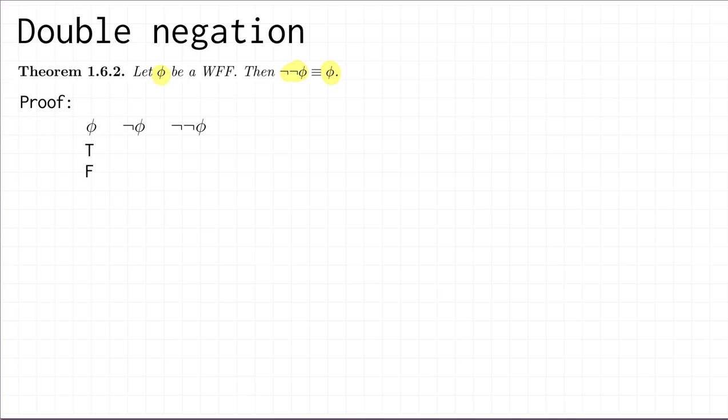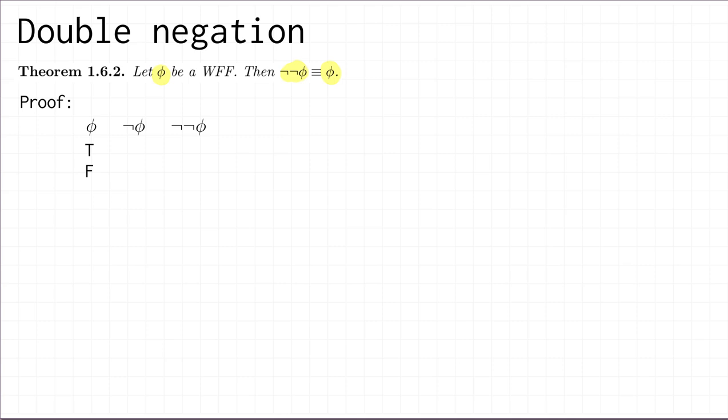So I can't do this just by drawing up a truth table for every propositional variable inside phi. Instead, what we can do is to say that under any truth assignment, phi must be either true or false. So we'll just look in both of those cases at what truth value not not phi gets.